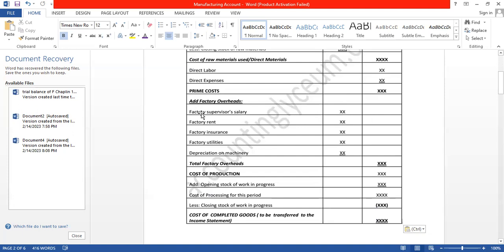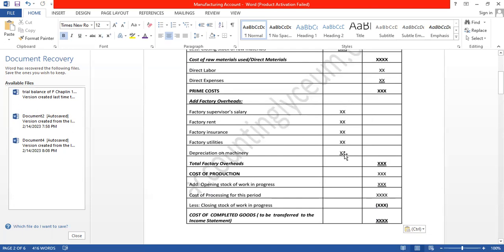According to the format, factory overhead, you're going to add all of these. Notice it said add factory overheads. So when you find the total of all these factory overheads, you're then going to put the answer in the second column here.